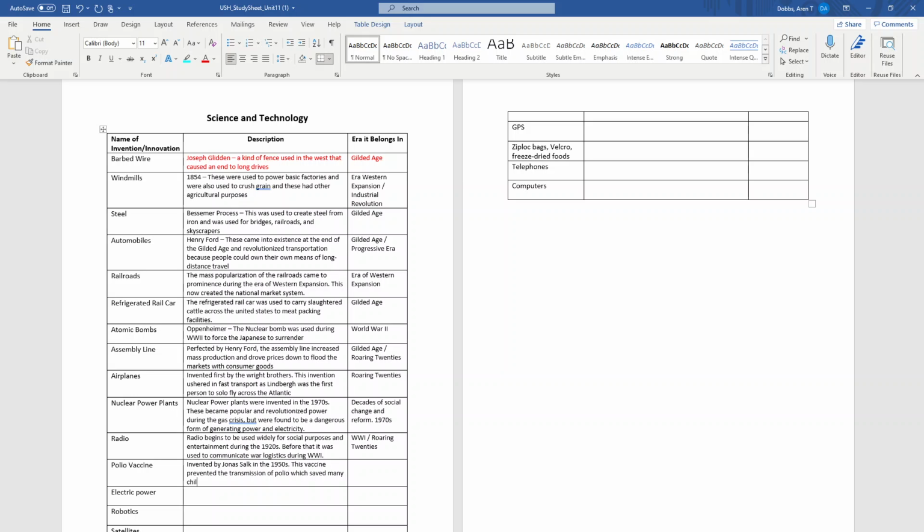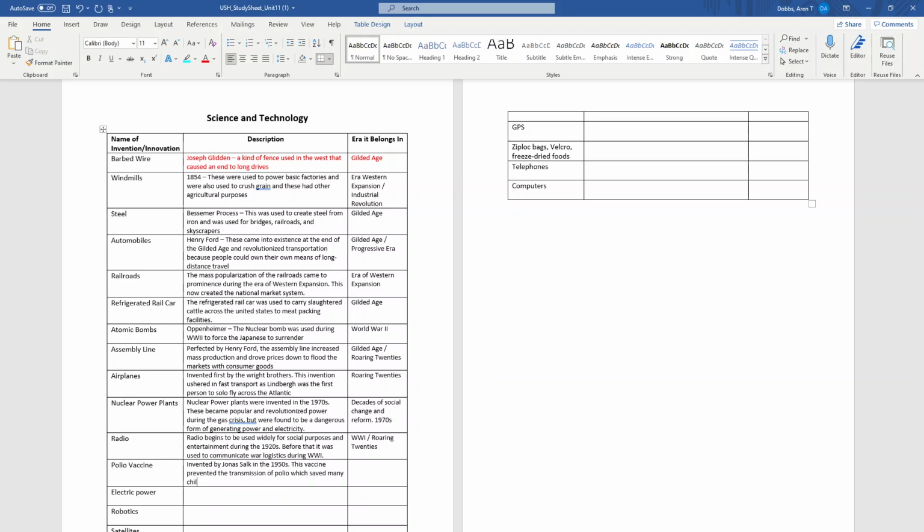Okay, electric power. Electric power comes into existence really in the 1820s, but this was first made prominent during the Gilded Age, as now factories could be lit and powered and were more efficient to be run 24/7.